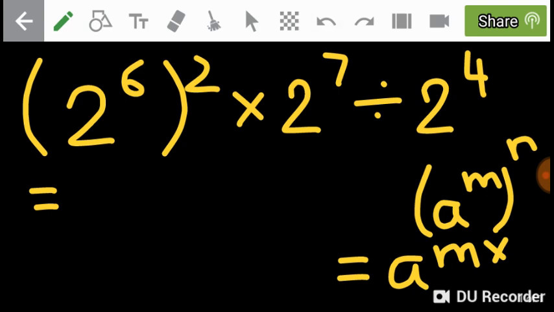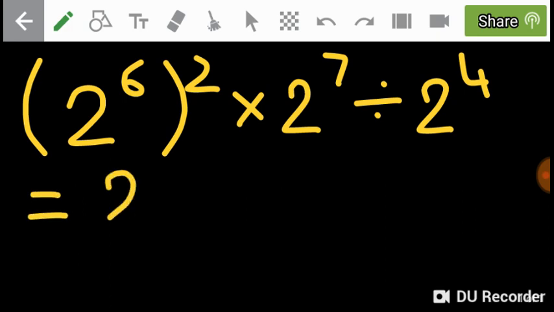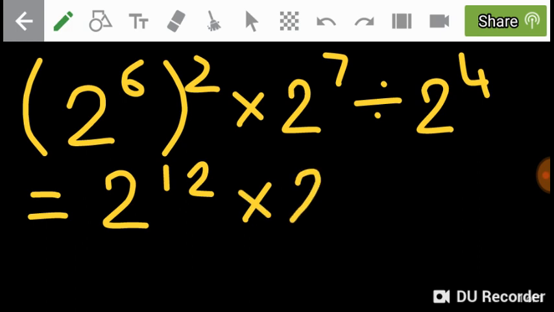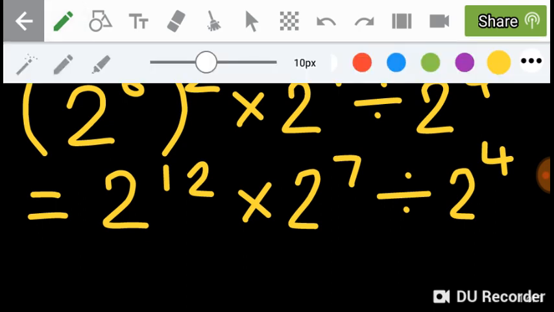The first step is 2 to the exponent 6, and you have to do 6 times 2, making it 12, multiplied with 2 to the exponent 7 divided by 2 to the exponent 4. Now what will be your next line? Your next line will be doing the division part. Why? Because we will follow the order of operation: division, multiplication, addition, and subtraction.